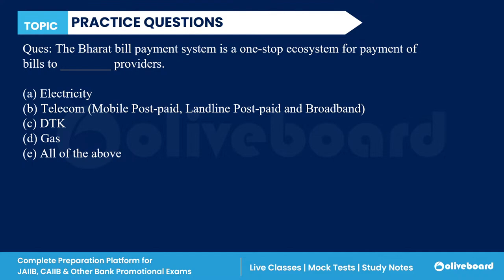The Bharat Bill Payment System is a one-stop ecosystem for the payment of bills to the electricity, telecom, DTH, gas providers, or all of the above. Everyone. Yes, the bill payment system is for each and everything: gas, DTH, telecom, or electricity. So E is the correct answer here. All of the above is the correct answer, right?